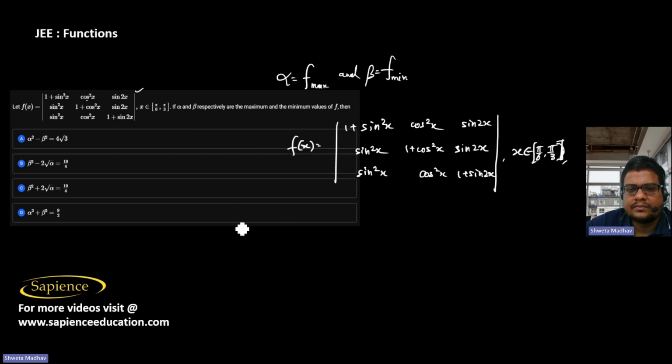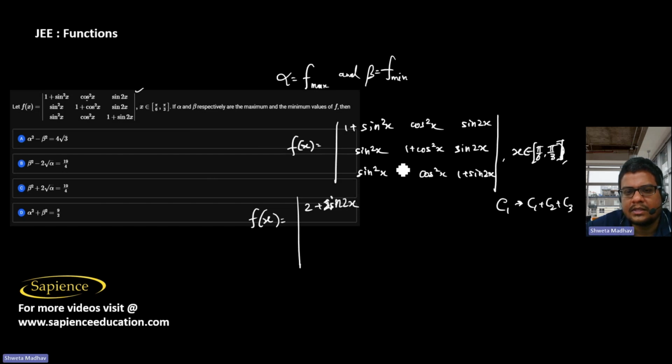So now for f of x, if we do column 1 goes to column 1 plus column 2 plus column 3, then we will get, sine square x plus cos square x is 1, so 1 plus 1 is 2, this will be 2 plus sine 2x. Here it will be cos square x, here it will be sine 2x.